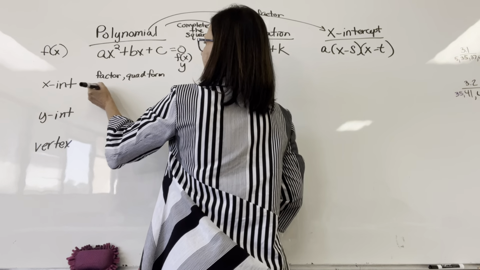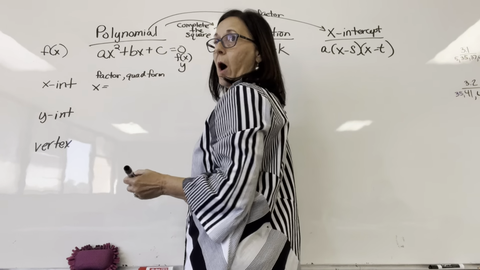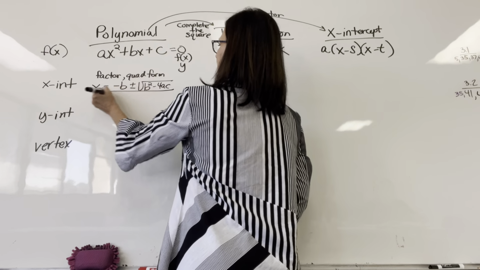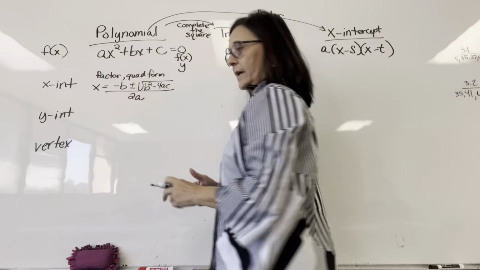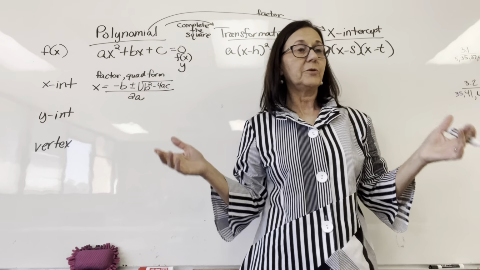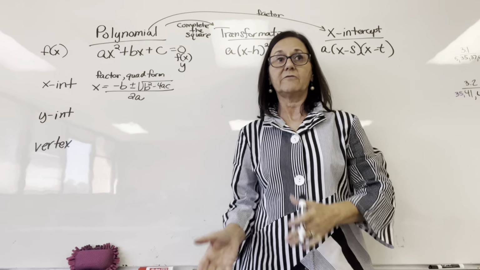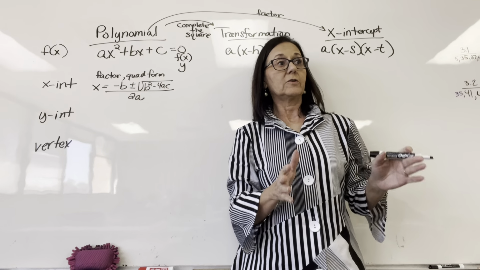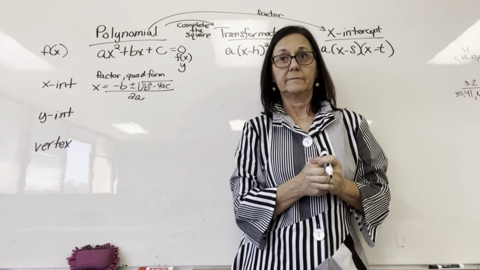So x equals the opposite of b plus or minus the square root of b squared minus 4ac, all over 2a. All right, that's how I'm going to find my x-intercepts. That should be your default. When I have a quadratic in polynomial form, the default is the quadratic formula. All right?